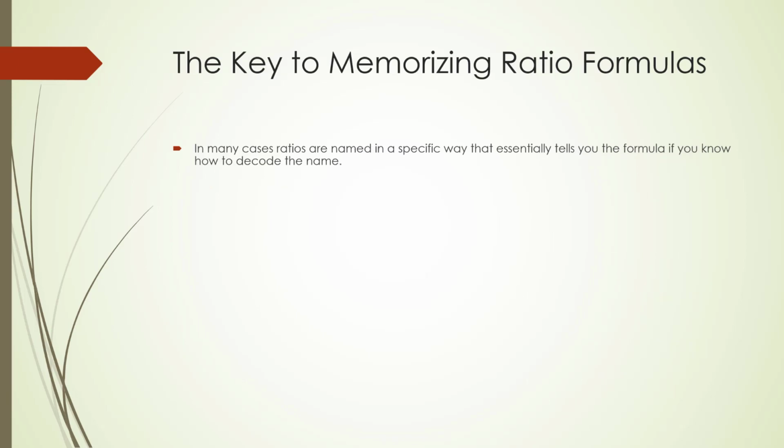All right, and then before we get into the ratios, let's talk about how they are named, because this will help you to know how a ratio is calculated just by looking at the name of the ratio. Now, I'll point out, this does not work for every single ratio, but it works often enough that it's useful.